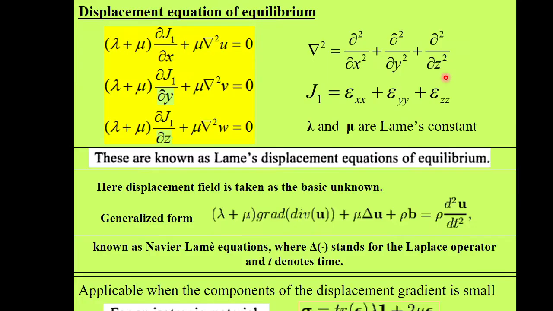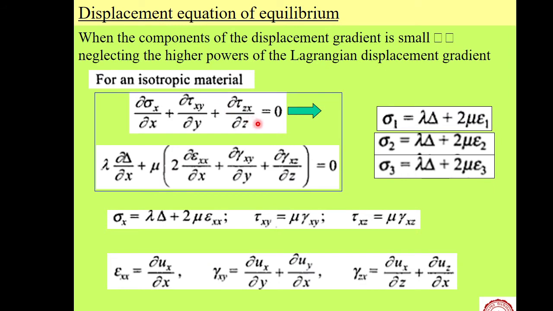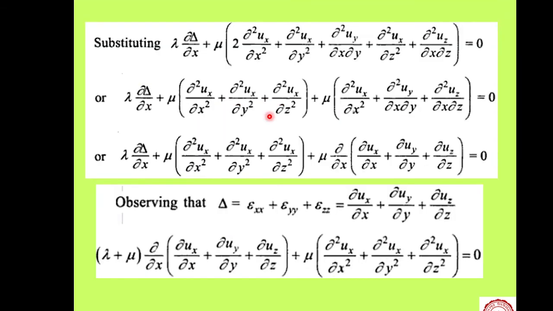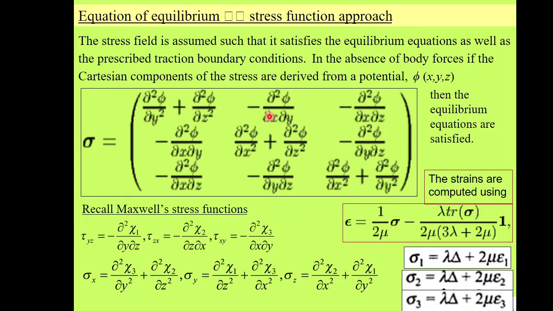That means we can directly use the equation of equilibrium and replace the stresses in terms of the stress function. Then the three equations of equilibrium can be solved if we can solve this potential, which is basically the stress function. Then the entire problem can be solved.